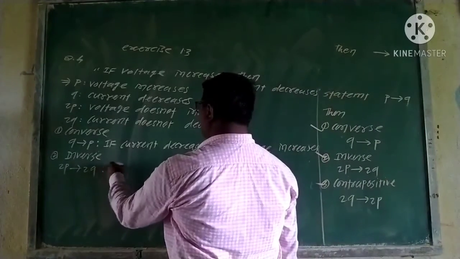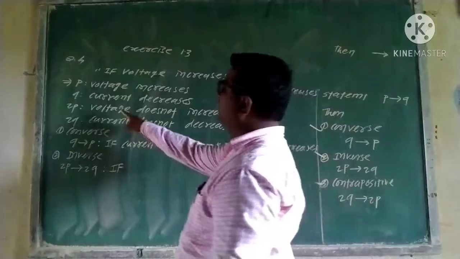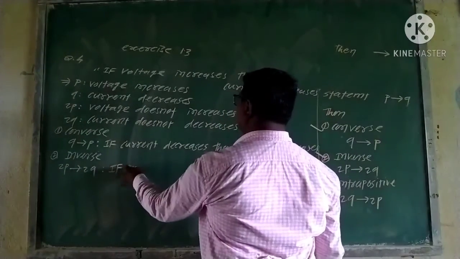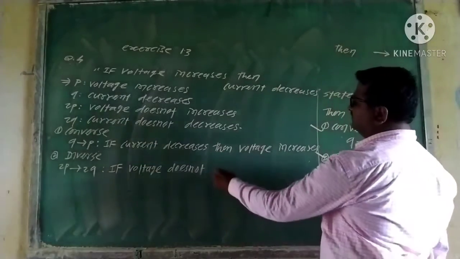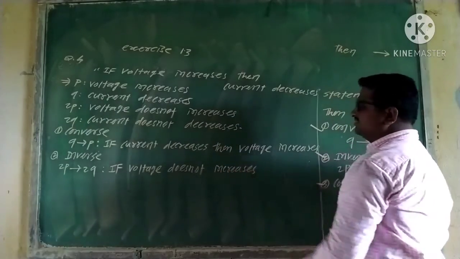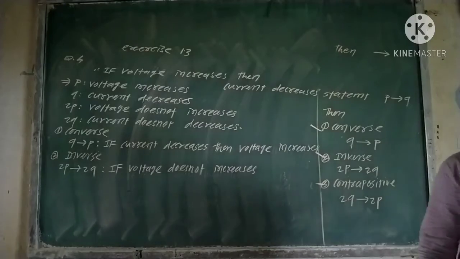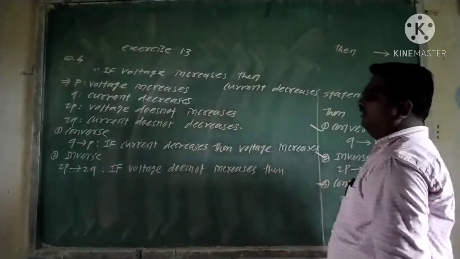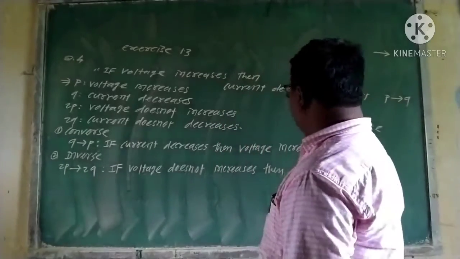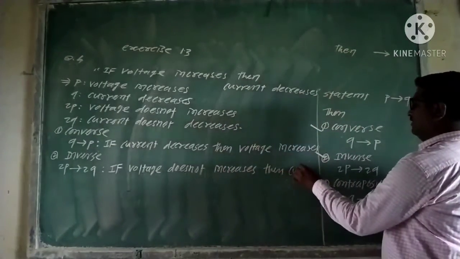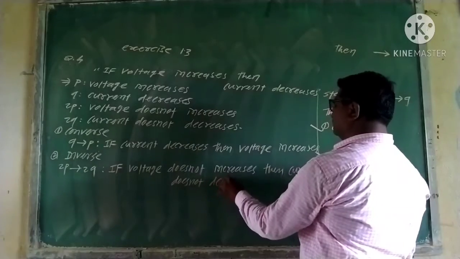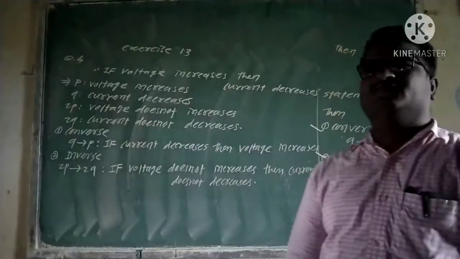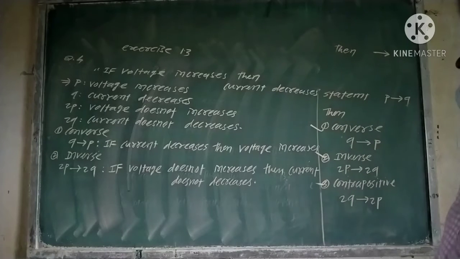If the first statement is negation P, voltage does not increase, then the second statement is negation Q, current does not decrease. Means the inverse is: if voltage does not increase, then current does not decrease.